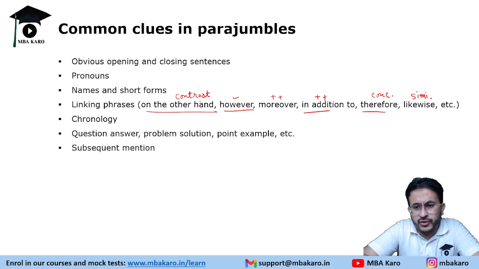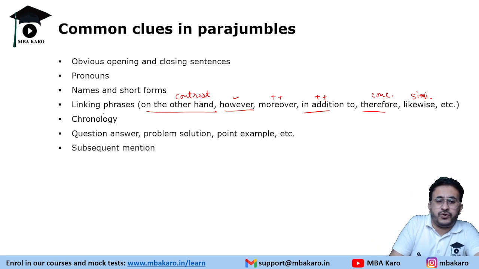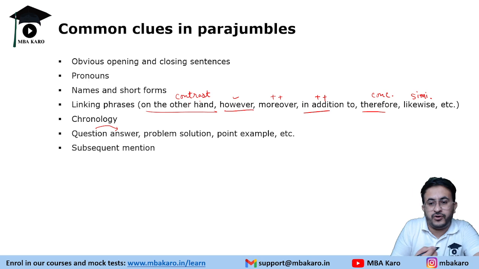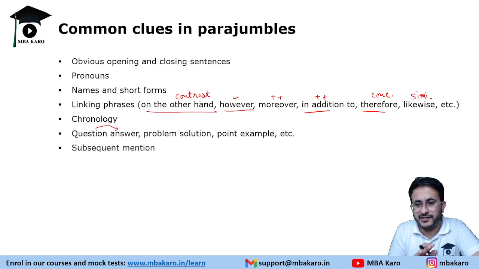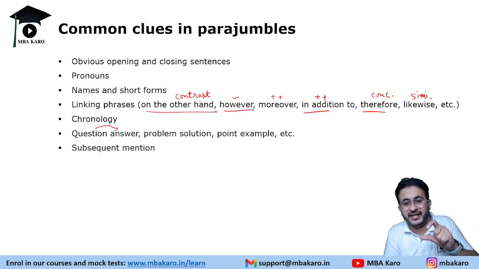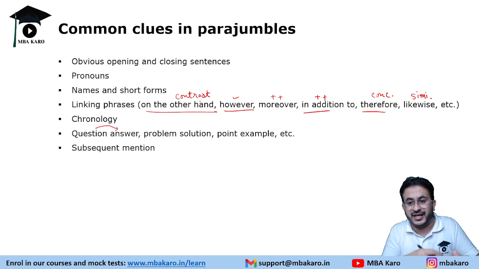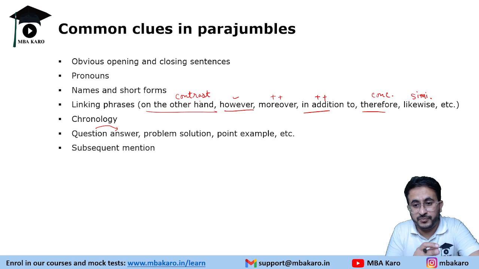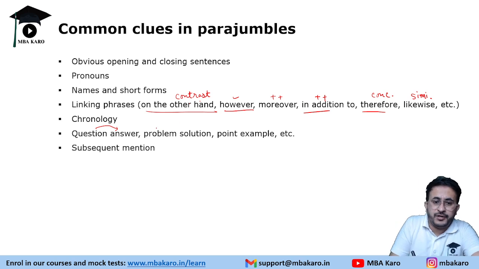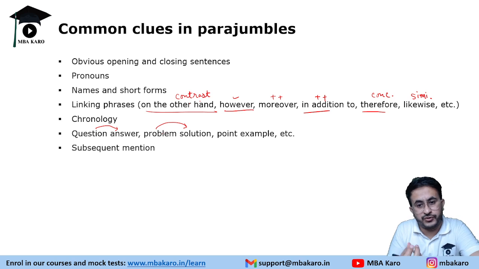Then sometimes it could be chronology based, sometimes it could be question answer format. So always the question comes first, followed by the answer. It is not the other way around. So sometimes there might be a sentence which starts with a question, and then the subsequent paragraph could be answering that question. Problem solution: the problem will come first, and then its solution.